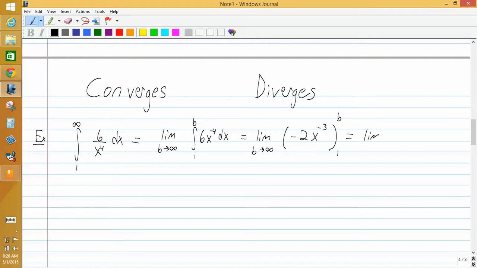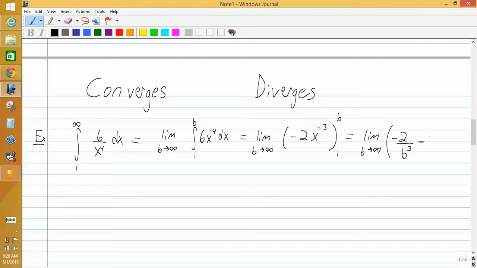So that's the limit as b approaches infinity of negative 2. Now plug in a b. Negative 2 times b to the negative 3 is the same thing as negative 2 over b to the 3rd. And then you have minus, now plug in a 1. 1 to any power is 1.